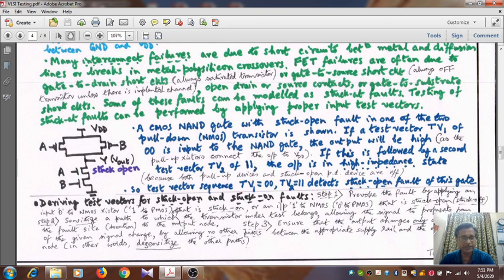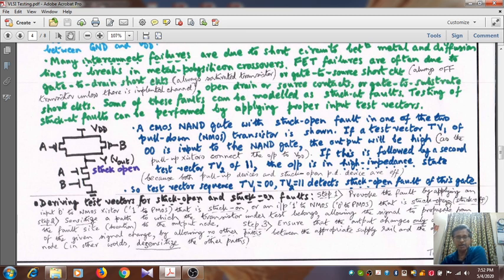Or for a PMOS transistor, you remember that when the input is 0, the channel comes to exist. But suppose the PMOS transistor is suffering from a stuck on defect, then you should apply logic 1. Clear? On the other hand, suppose the NMOS transistor suffers from a stuck open fault. Stuck open means that even though the NMOS transistor gate voltage is higher than the threshold voltage, still the channel cannot be formed.